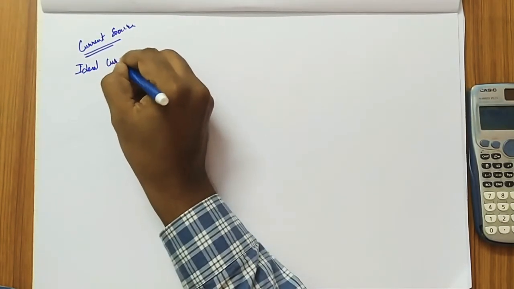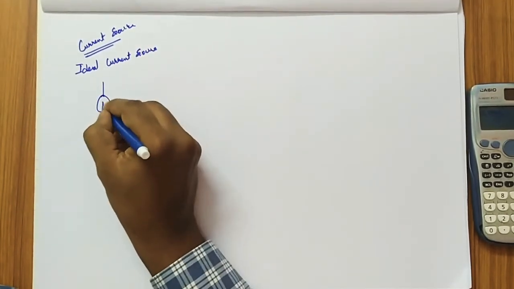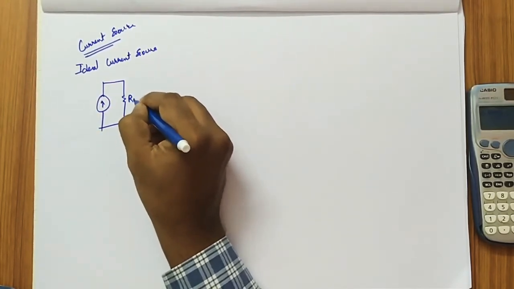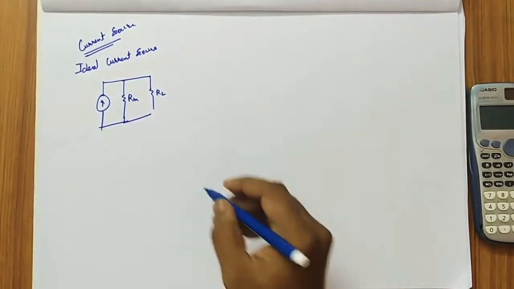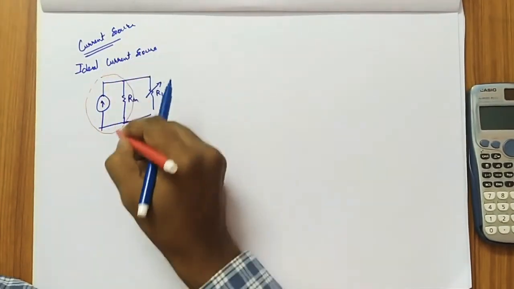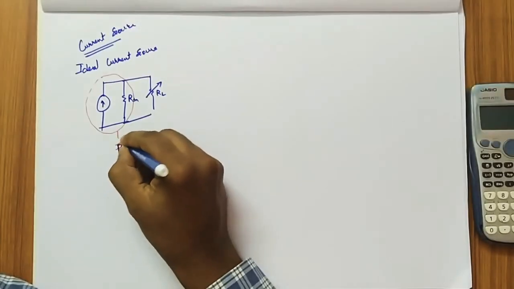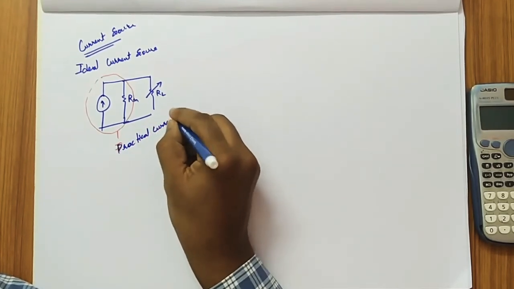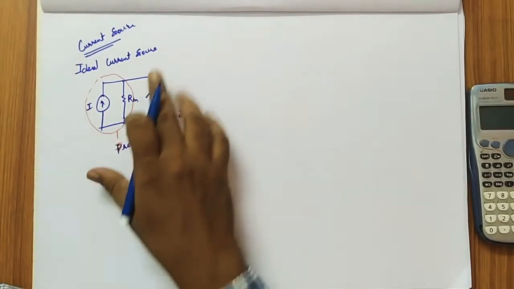Here we have a current source I in parallel with an internal resistance, and I am connecting a load. This is a practical current source having current I.